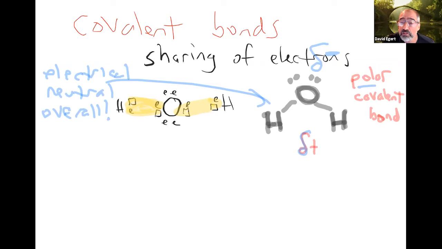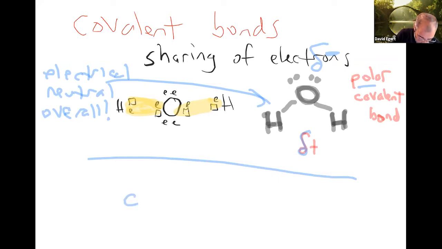It's possible to have non-polar covalent bonds. If I take methane, that's a carbon and hydrogens. Each hydrogen shares with the carbon, the carbon gets 8, the hydrogens each get 2.